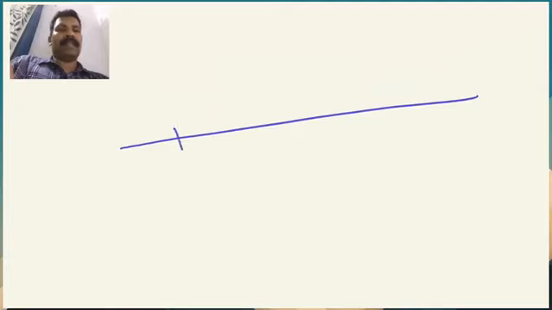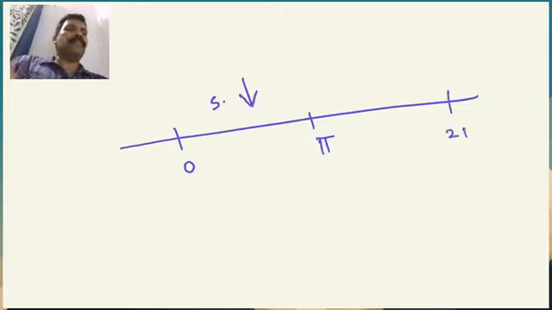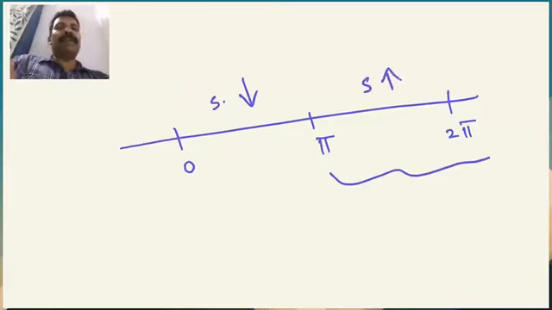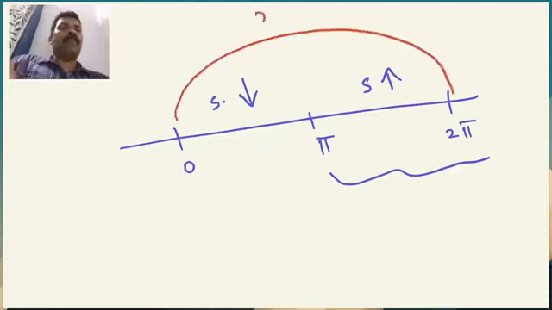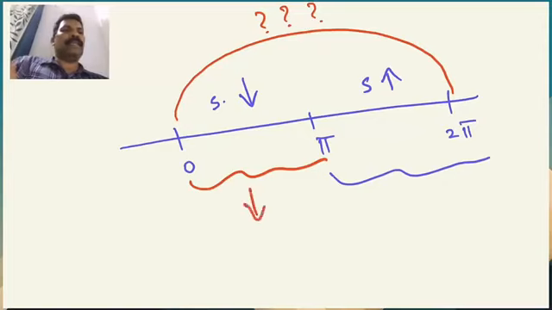Thus we have seen that for the interval 0 to pi, the function was strictly decreasing, and for the interval pi to 2 pi, it is strictly increasing. Then, if we consider the total interval from 0 to 2 pi, what about the nature of the function? From 0 to pi it is decreasing in nature, and from pi to 2 pi it is increasing.